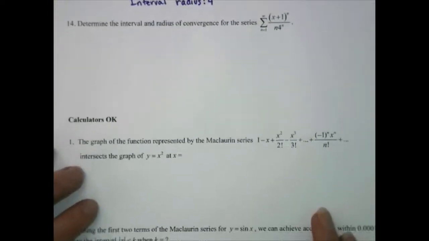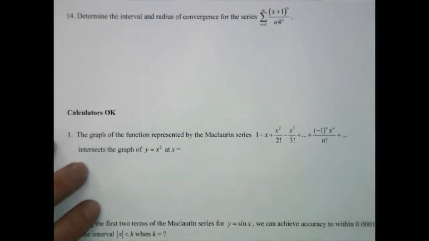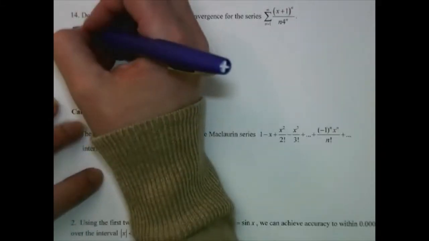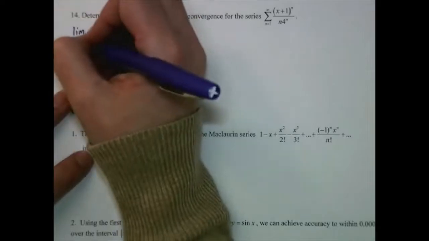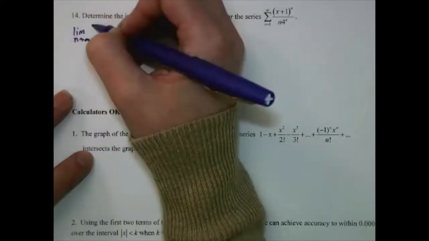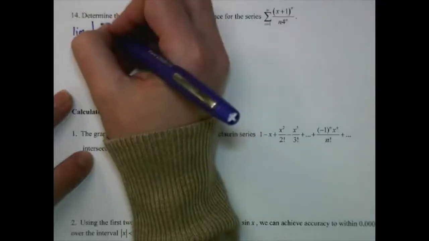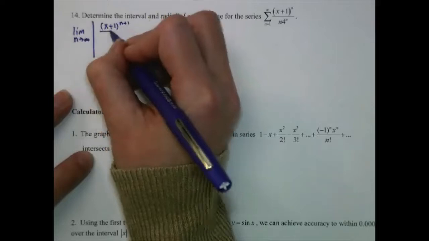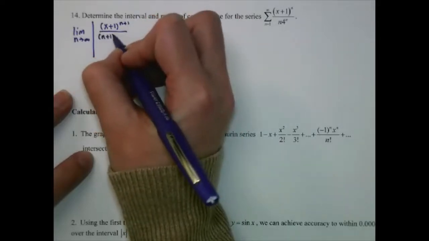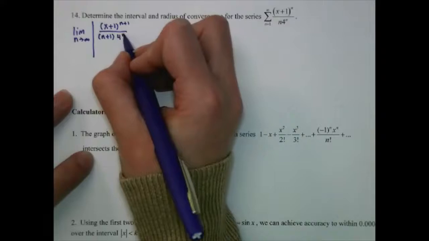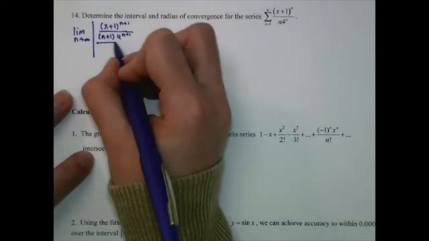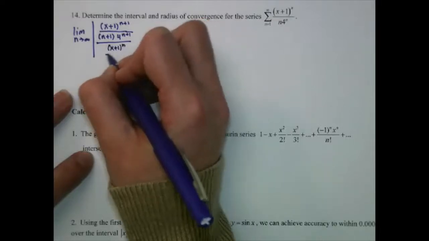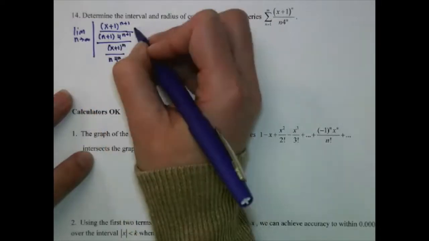Okay, this one, however, is not infinite geometric, so we're going to need to do the ratio test for absolute convergence. So we're going to do the limit as n goes to infinity of the nth plus 1 term, which is going to be x plus 1 to the n plus 1 over n plus 1 times 4 to the n plus 1, all over x plus 1 to the n over n 4 to the n.